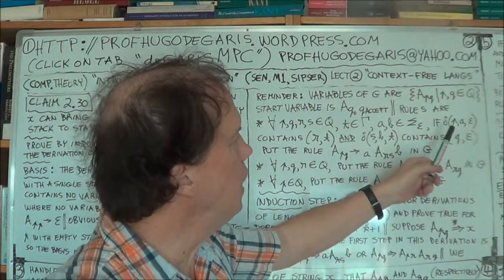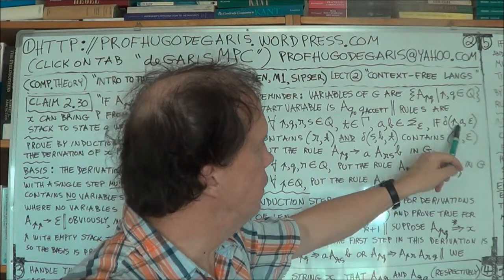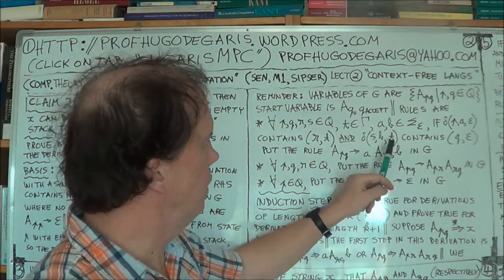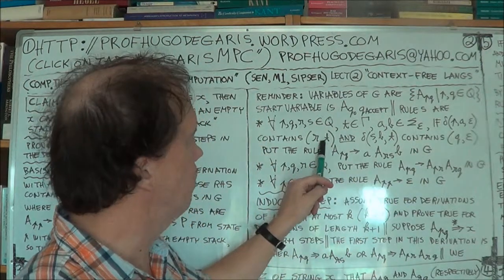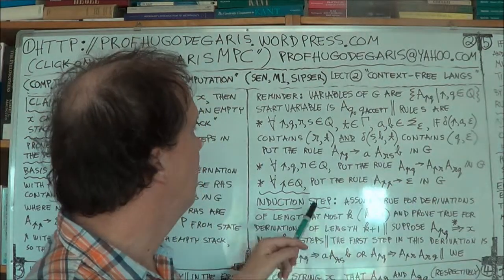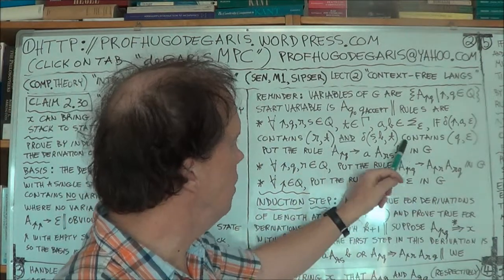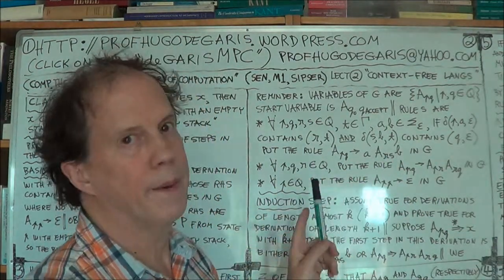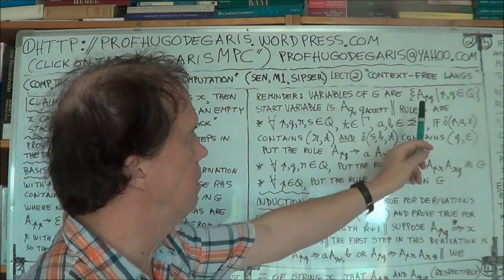So you go checking in the PDA, you look for this transition rule and this transition rule, and if this one contains that ordered pair and this one contains that ordered pair, then put this rule into your grammar. Now let's go into detail.